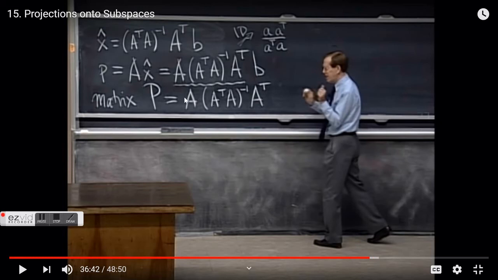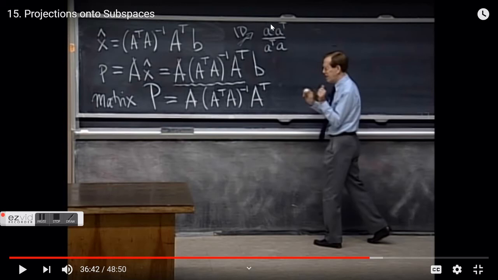Order is very important. Now compare this one with the one-dimensional case. In the one-dimensional case, you have A transpose over A transpose A, which was in the denominator. Here you take the inverse of A transpose A, because you cannot put it in the denominator: it's not a number right now, it is a matrix. Still, there is a close resemblance. A transpose A just jumps up and comes right between A and A transpose. So look at this equation: it and the one-dimensional case closely resemble each other.